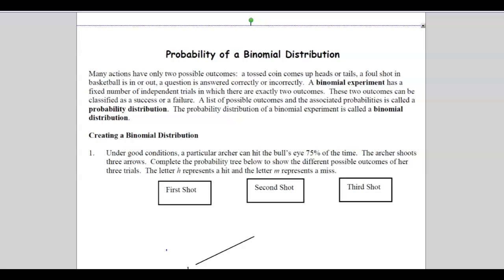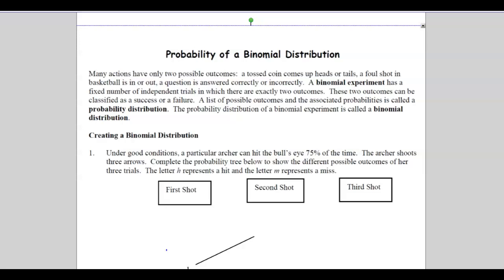It can happen or it cannot happen. There's no in between. And you have a number of trials, and you're trying to figure out the probability that out of 10 times you perform this, it's going to happen 6 times, or more than 6 times, or 0 times, that kind of thing.